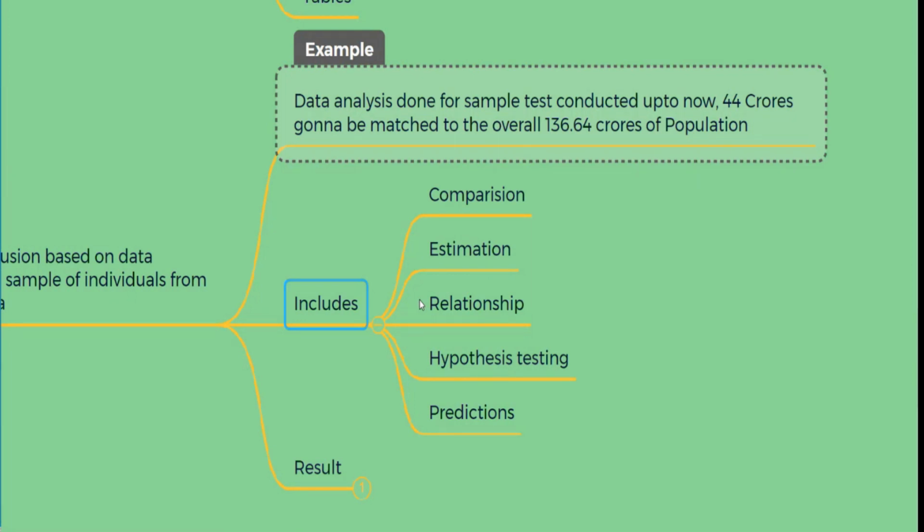What can be the future, we can try to find out with the help of the prediction method. Hypothesis testing is nothing but we create one scenario and try to prove that the scenario is true. So those things can be done with the help of the sample data.